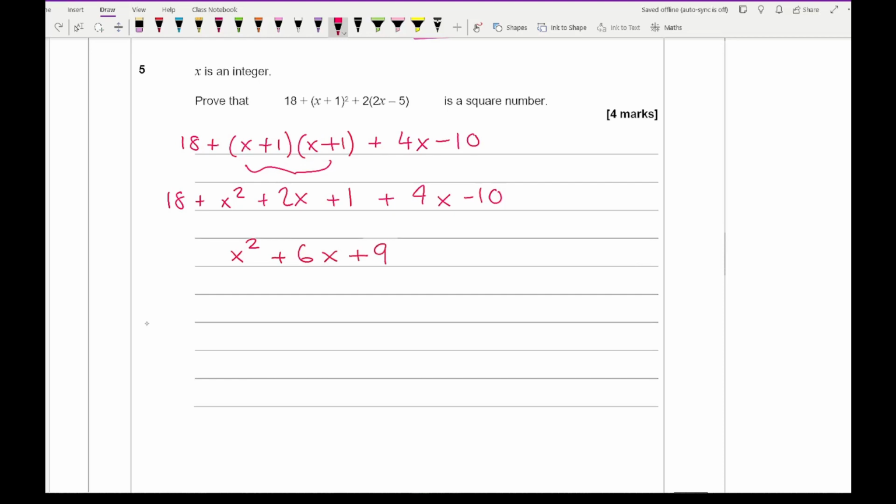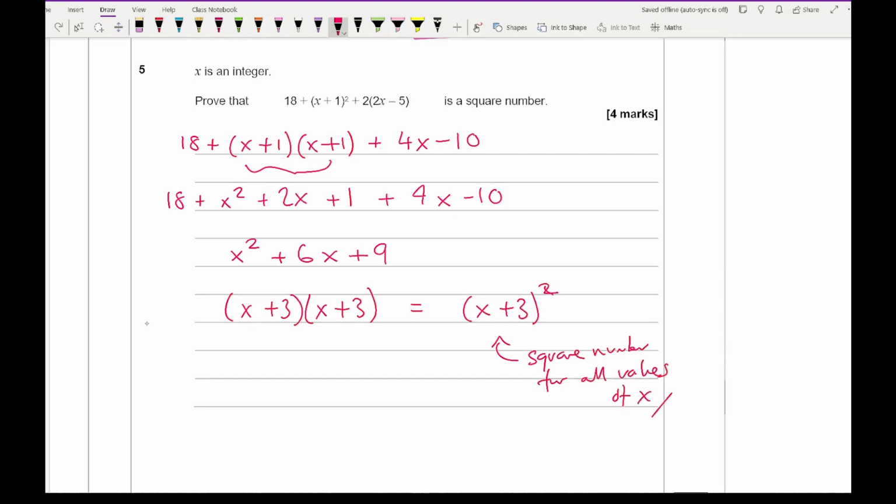And then from this, I can factorize this to give me (x plus 3)(x plus 3), which can also be written as (x plus 3) squared. So therefore, this is a square number for all values of x. And there we go.